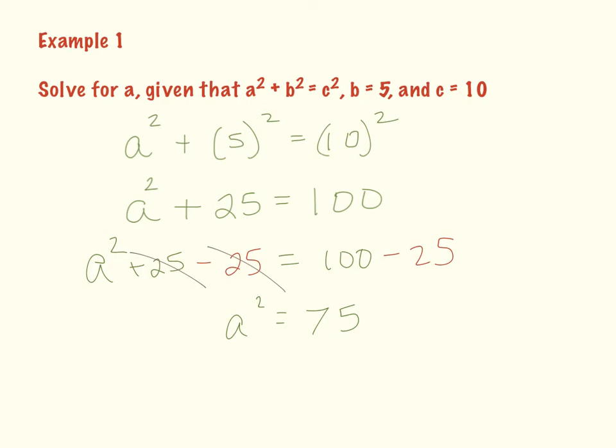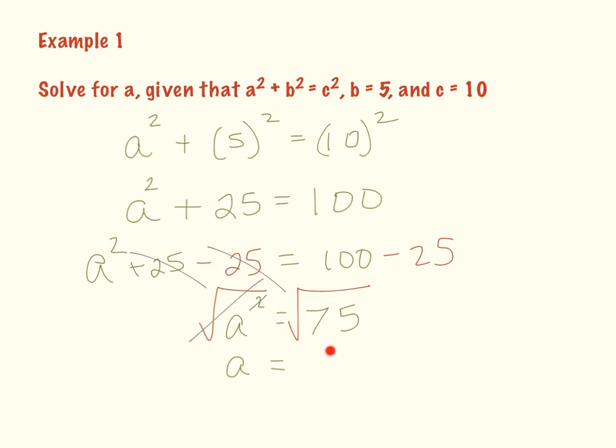Now at this point, we would want to get a by itself. Right now we're squaring a. So remember, we're going to do the opposite of squaring, and the opposite of squaring is to square root. So we do that on both sides, and the square root and the square cancel each other out. On the left side, we're left with an a.